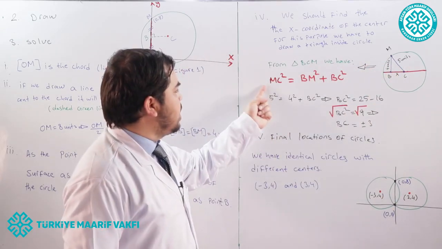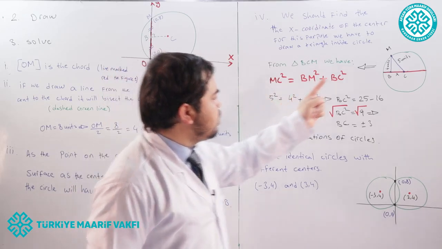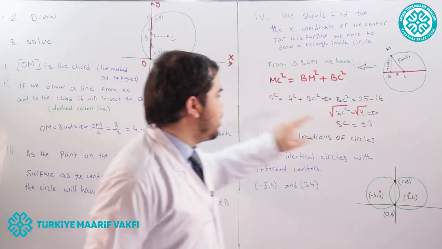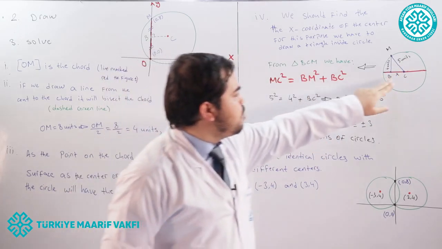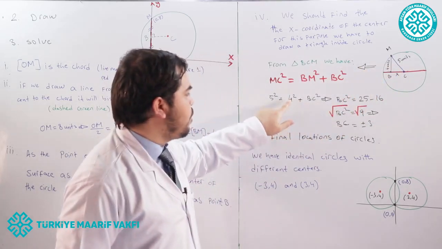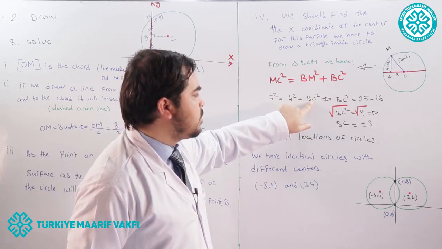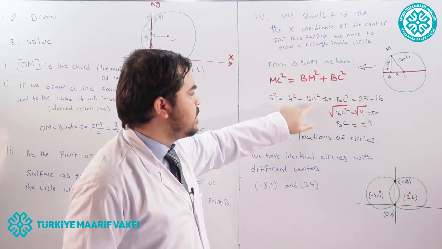Instead of MC we put 5 squared, because the radius MC is 5 units. BM is 4 units, so 4 squared, plus BC, our x or unknown, so BC squared.